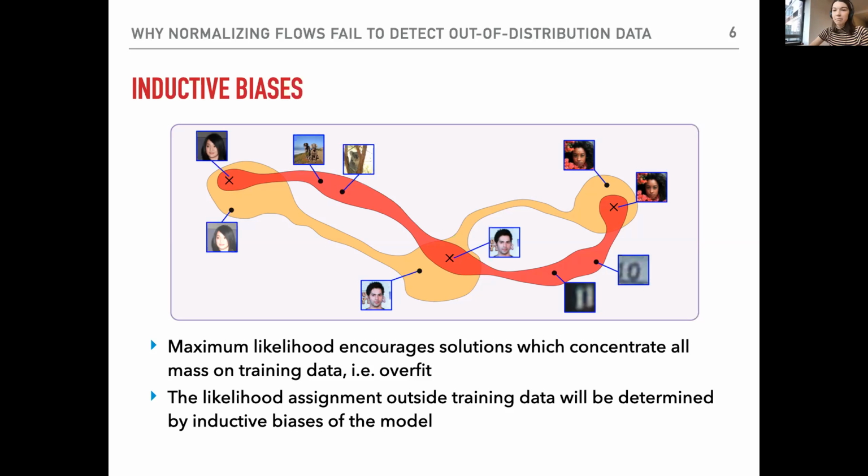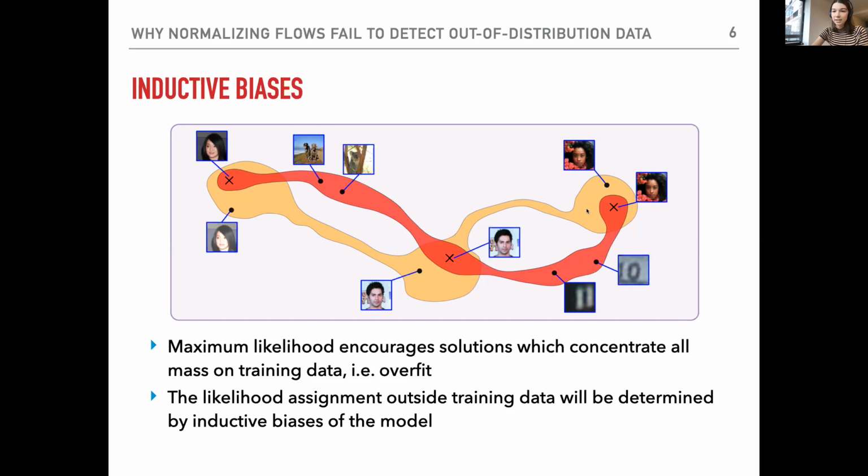If the flow were infinitely flexible, it would just collapse to the train data and would be like a direct delta distribution on the train examples. In particular, the test images would get zero likelihood because it is strictly suboptimal to assign non-zero likelihood to them according to the train objective.